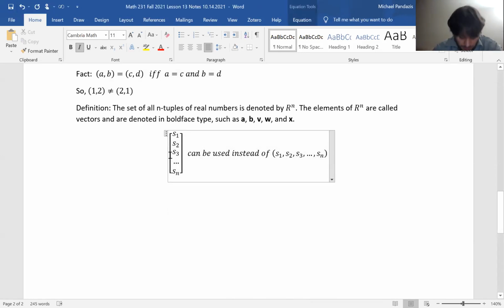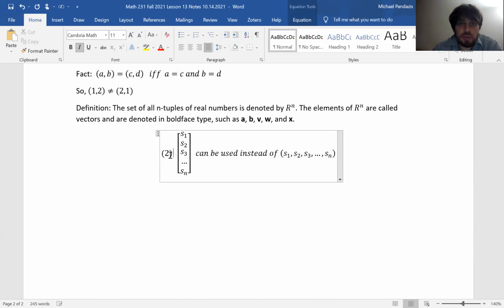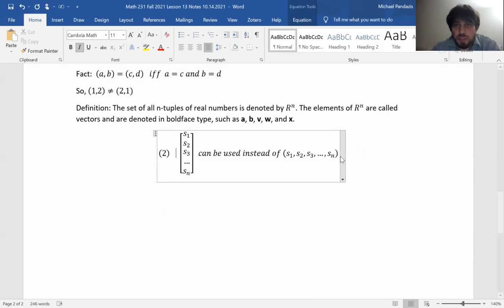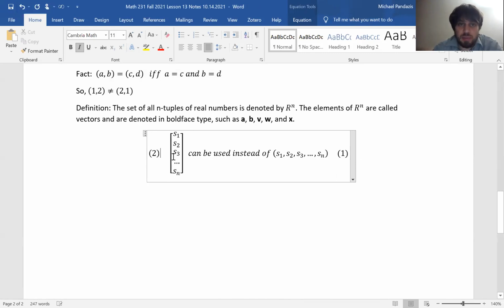And I'm denoting this by 2. I'm not multiplying by 2, I'm just denoting it as 2. And I'm denoting this by 1, and I'm not multiplying it either.